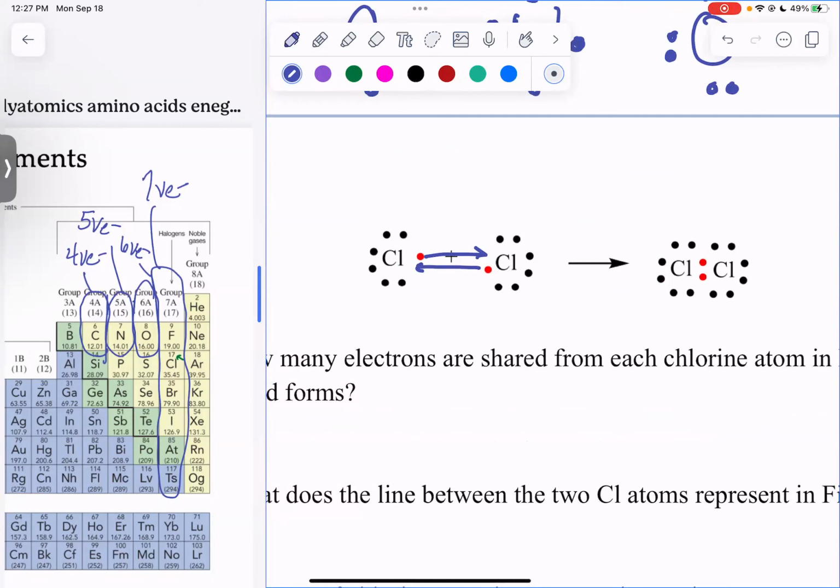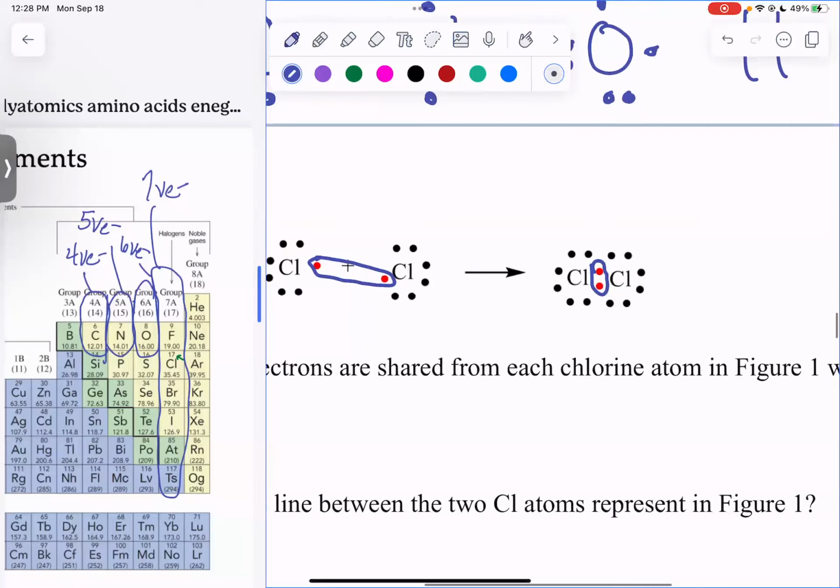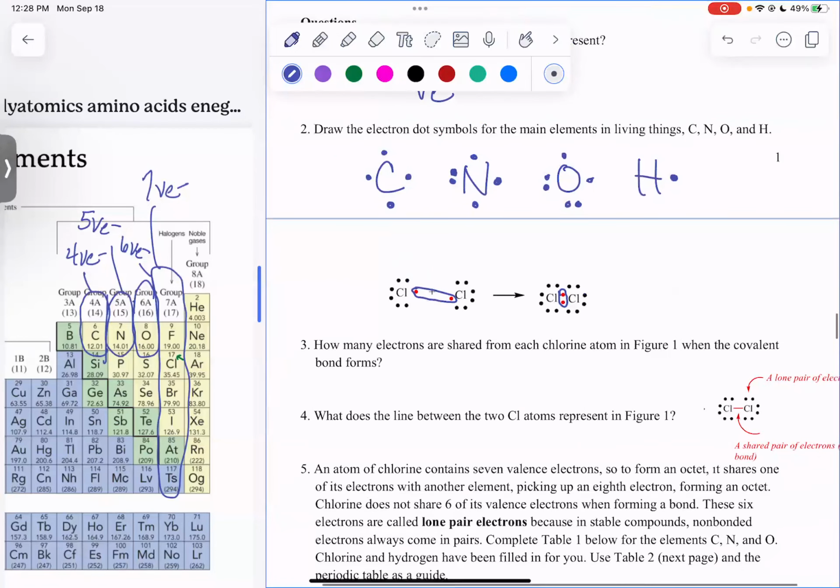And so these 2 electrons are the ones that are between the 2 chlorine atoms. And so these 2 electrons together become 1 bond. So how many electrons are shared from each atom? Each atom shares 1 valence electron when the bond forms.